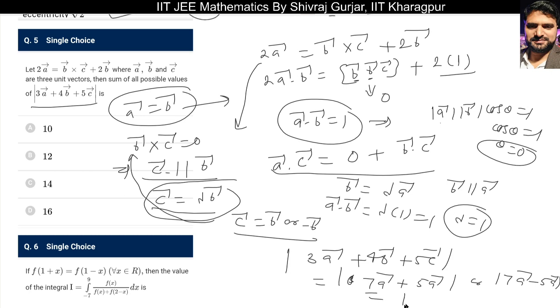That means this will be either modulus of 12A vector or modulus of 2A vector, but A is a unit vector, so the sum of this thing will be either 12 or 2, and we are asked the sum of all possible values, so 12 plus 2 will be 14.